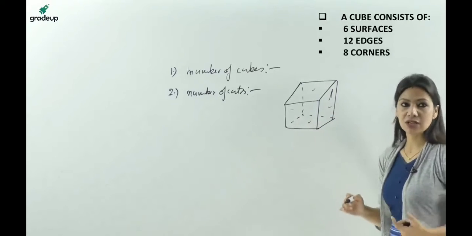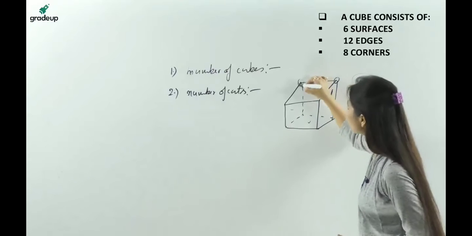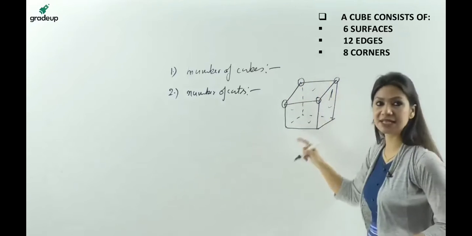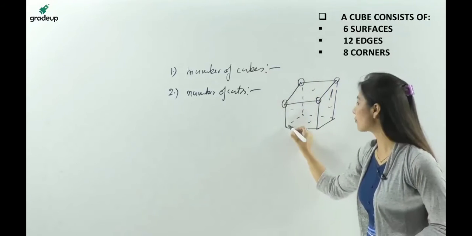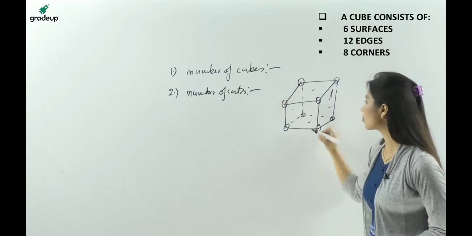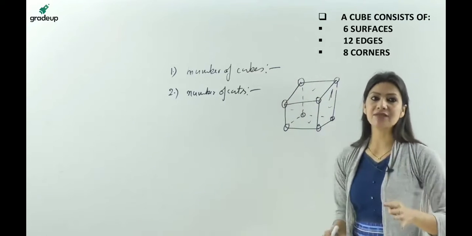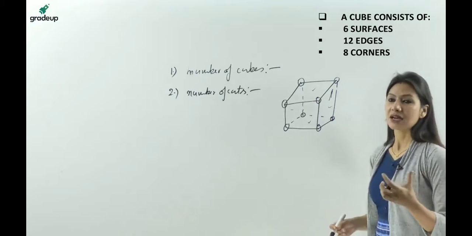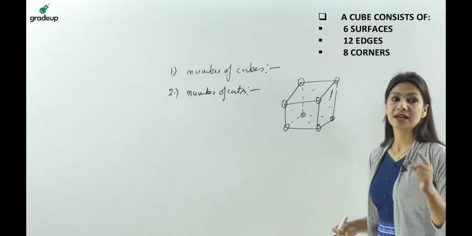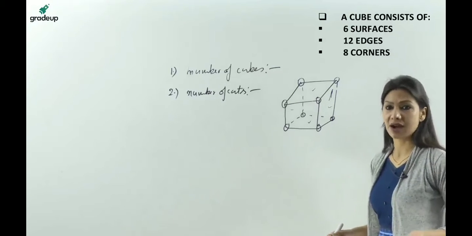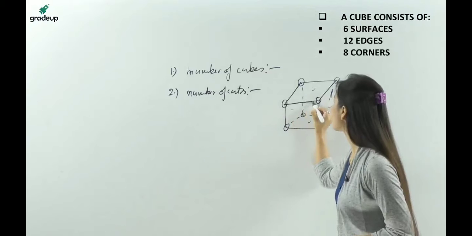If you talk about the corners, you can check them out in the room where you are sitting. These are 4 corners and of course 4 in the bottom, so a total of 8 corners are there. Edges, in Hindi, edge means kinara. That means this boundary line.